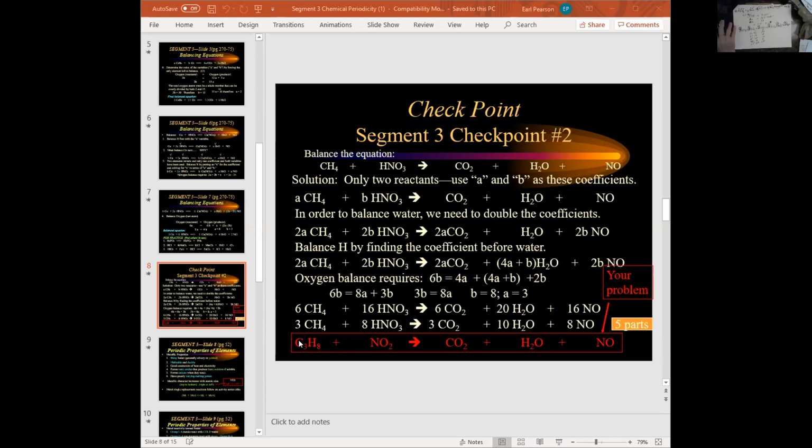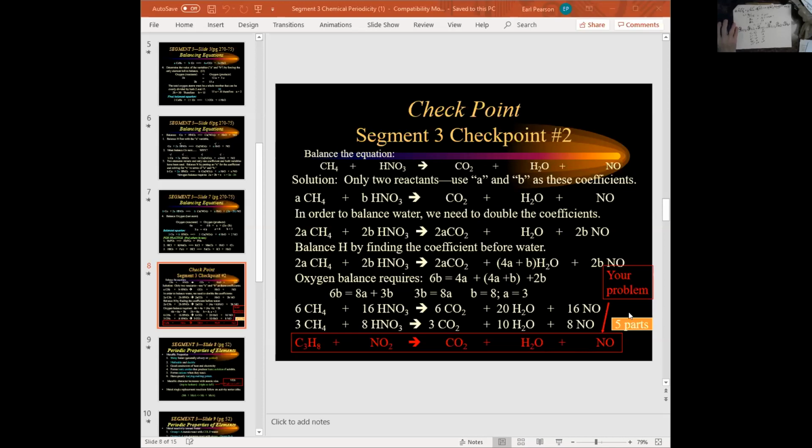So here's the one for you to do. It's also one of the equations that's on that practice sheet. And the one on segment 3, checkpoint 2, might be the same as the one on that checkpoint on D2L, but it might not be.